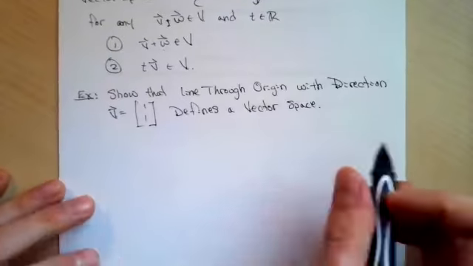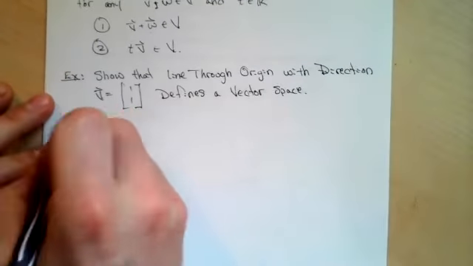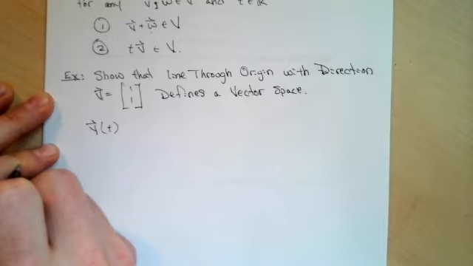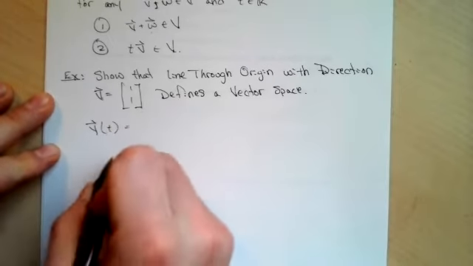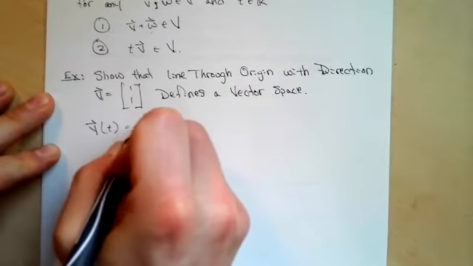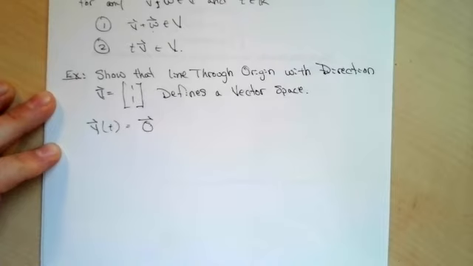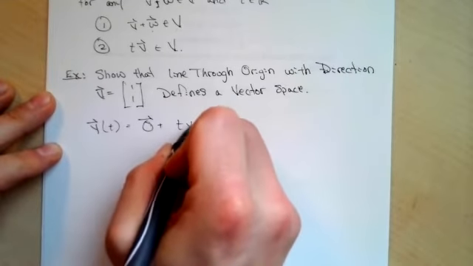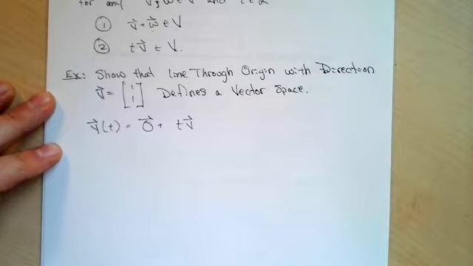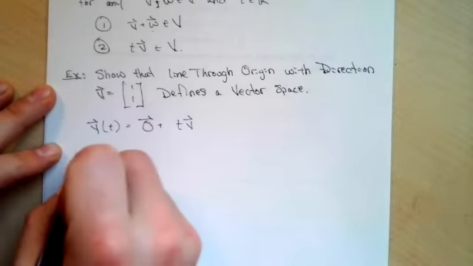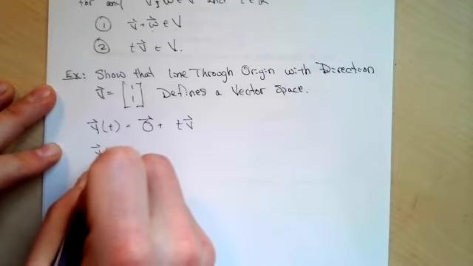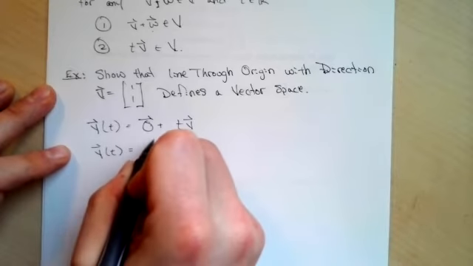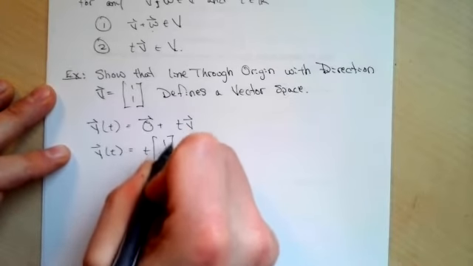So our line, call it y of t, is just going to be our point. And since we're going through the origin, we can have our starting point simply as 0 plus t times our vector v. In other words, y of t is just going to be tv, or t times (1, 1).